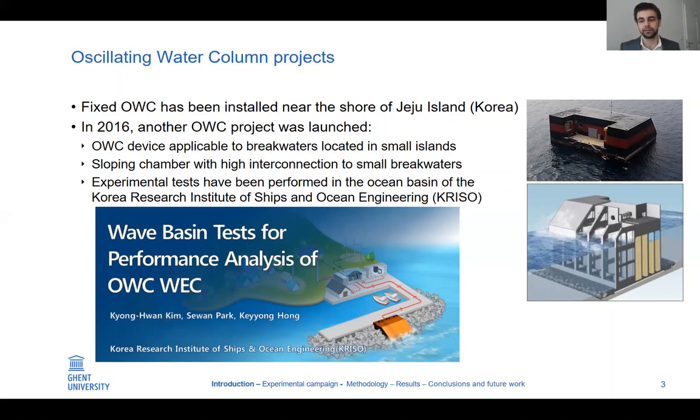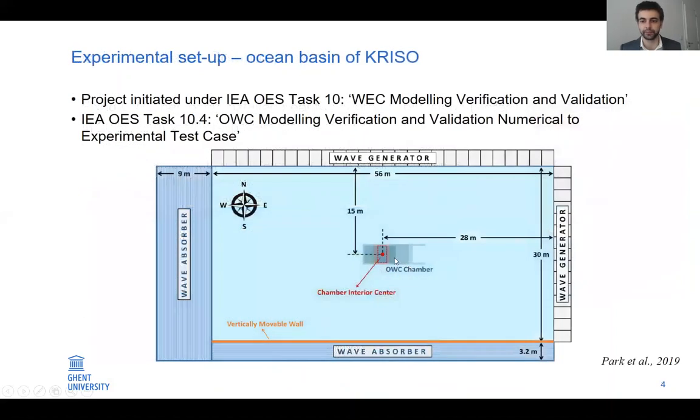In 2016, however, another OWC project was launched, this time with an OWC applicable to small breakwaters, and experimental tests with this OWC have already been performed in the ocean basin of the Korea Research Institute of Ships and Ocean Engineering, or KRISO. The experimental data provided by KRISO was used for a project initiated under the International Energy Agency, Ocean Energy Systems, called WEC Modeling, Verification and Validating.